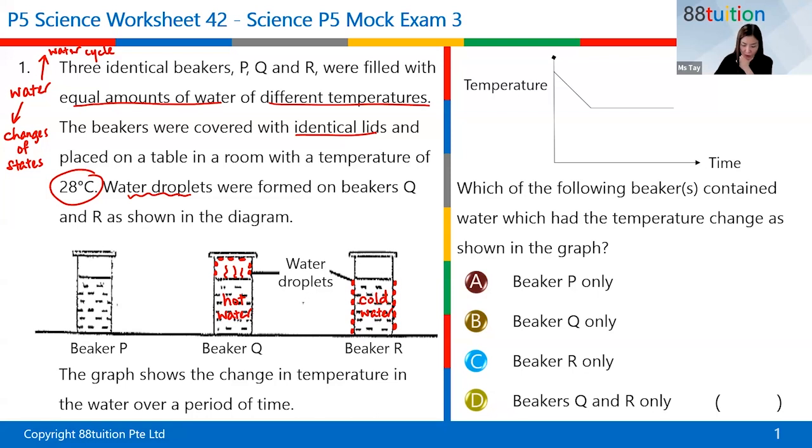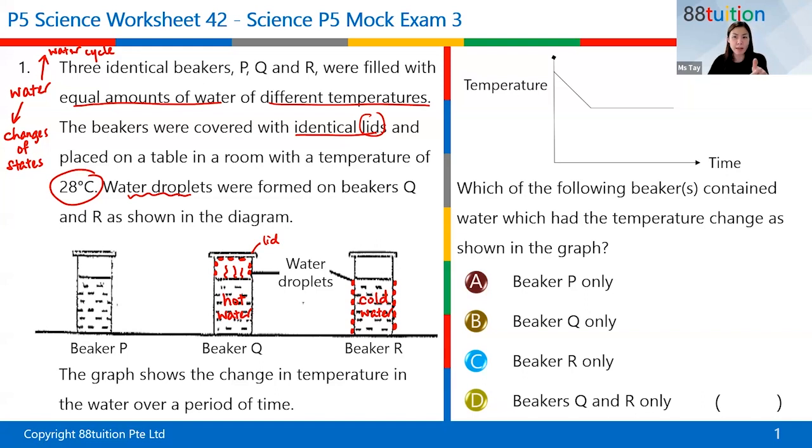Okay. So you talk about the water at the surface, right? Water at the surface evaporated into warm water vapor. The warm water vapor rises and touches the cooler inner surface of the lid. You can talk about the lid. It loses heat and condenses to form tiny water droplets. Let's see. Surrounding hot water rises, comes into contact.